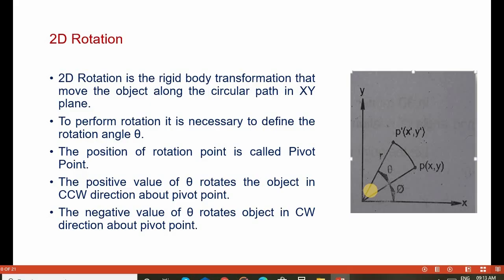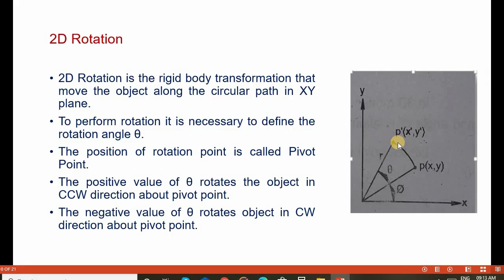So these are two different principles working in the rotation transformation. Accordingly, the object is rotated.